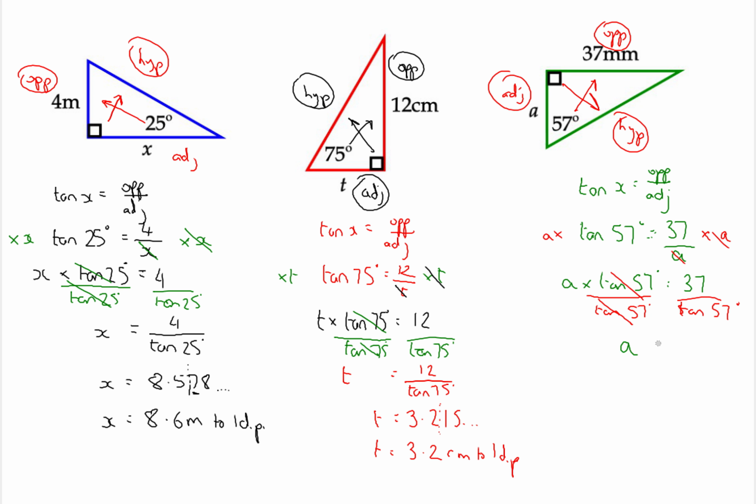We've got A on the left, and we've got 37 divided by the tan of 57 degrees. I can do that on my calculator. 37 divided by the tan of 57, 24.028. Does that make sense? Yep, 24.